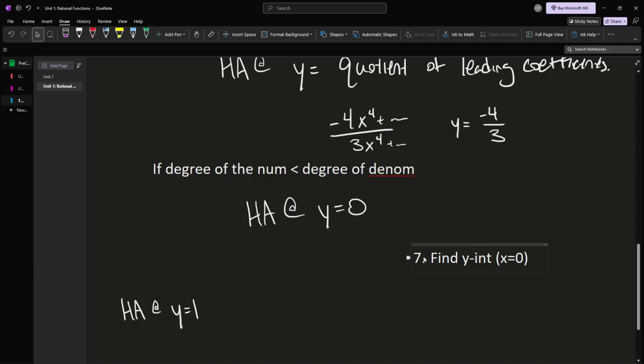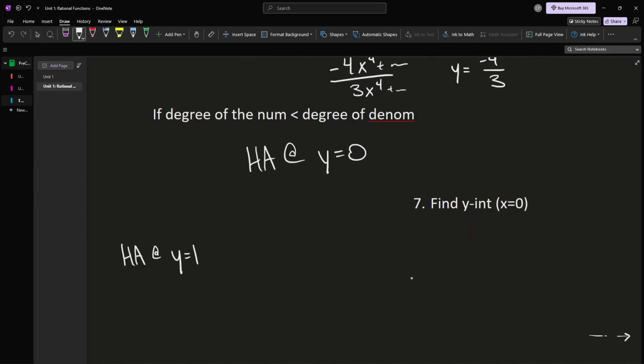And now step 7 kind of snuck in here. We want to find the y-intercept, as in when does x equal 0. So I'm going to plug in 0. F of 0 equals 0 squared minus 9 over 0 squared minus 5 times 0 plus 6, to give me negative 9 over 6, or negative 3 over 2.